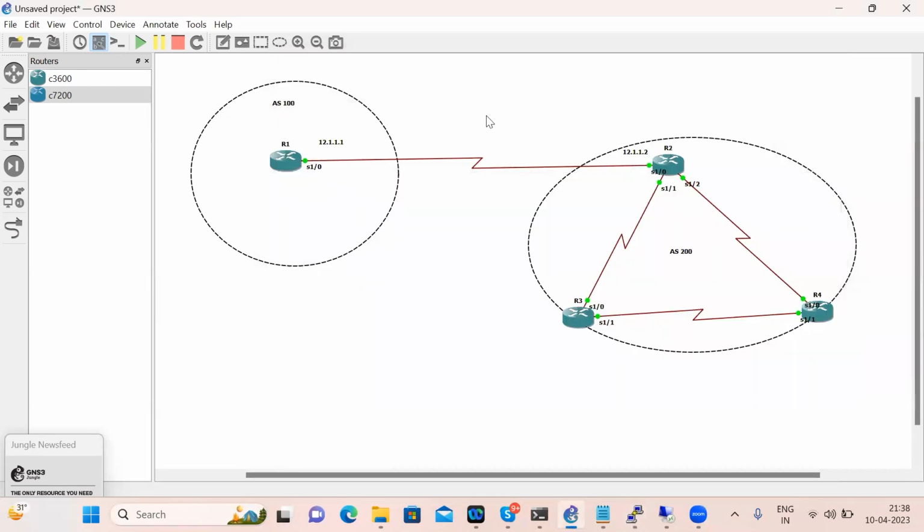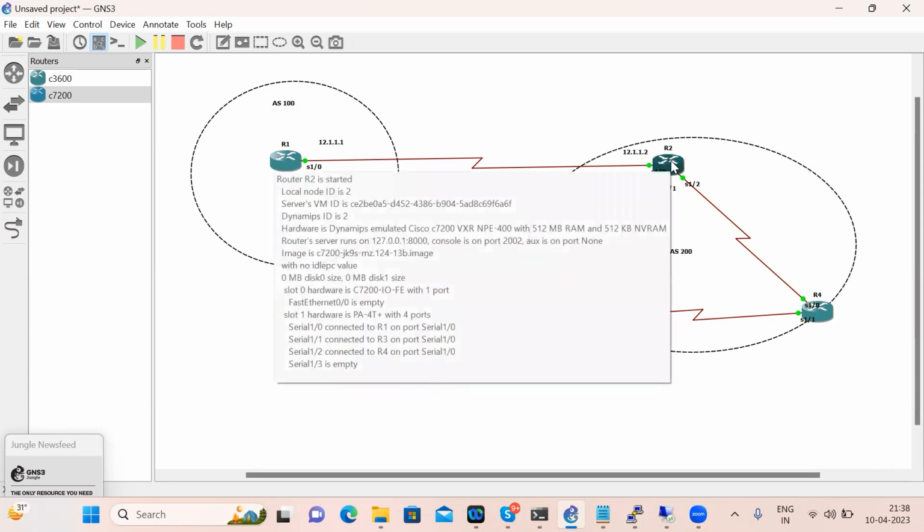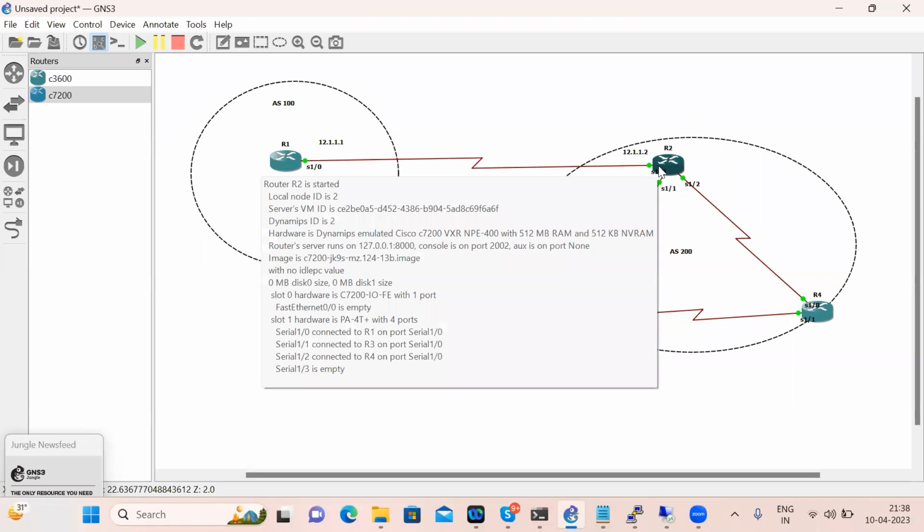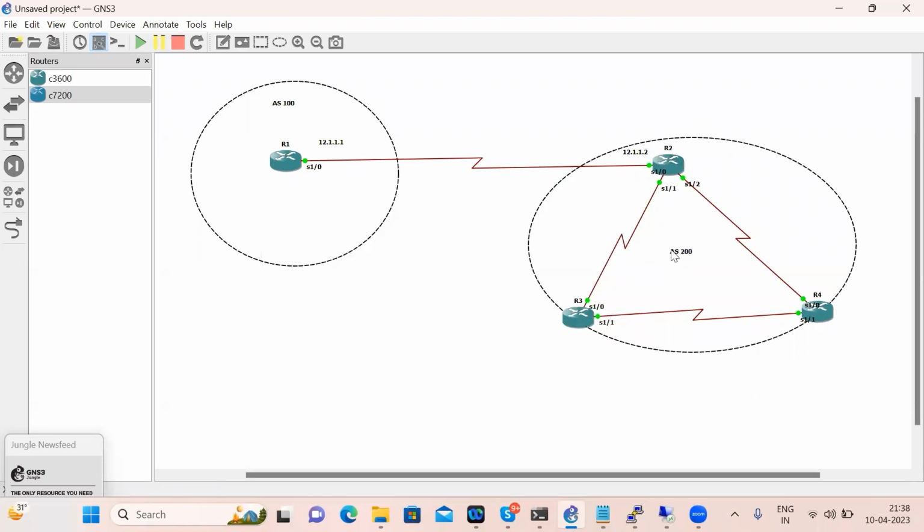In synchronization, what exactly happens? Synchronization means an eBGP neighbor will never advertise its iBGP routes to any eBGP neighbors.